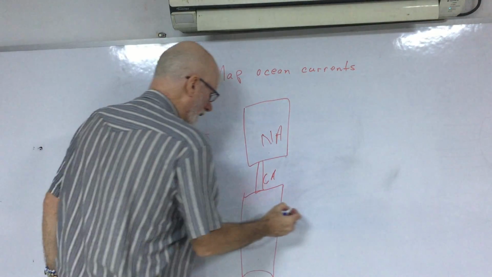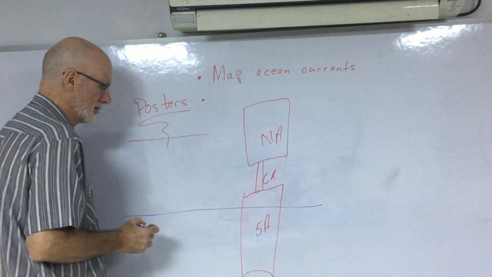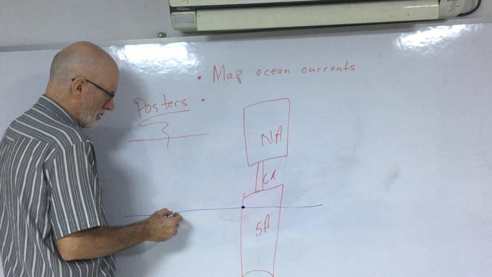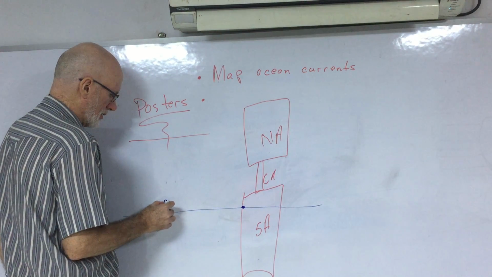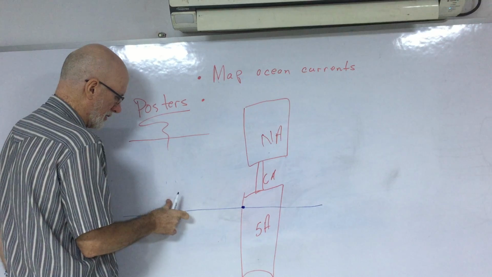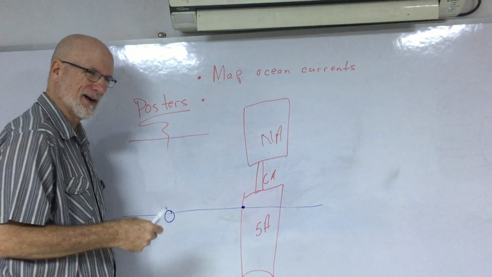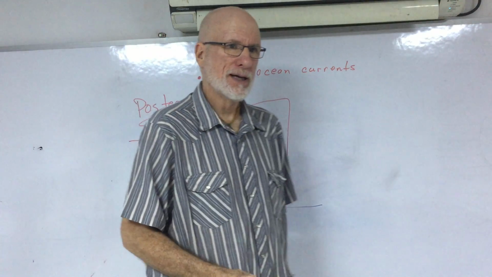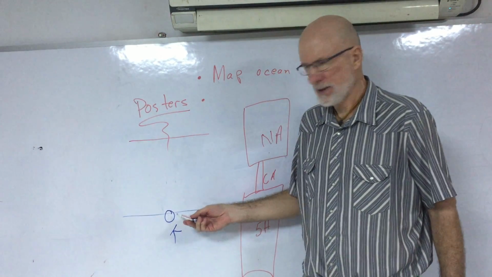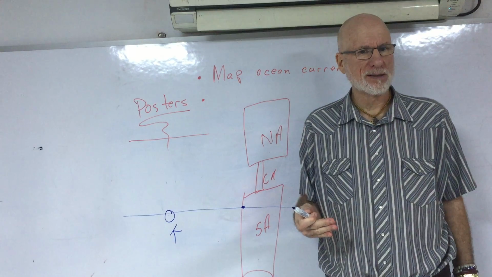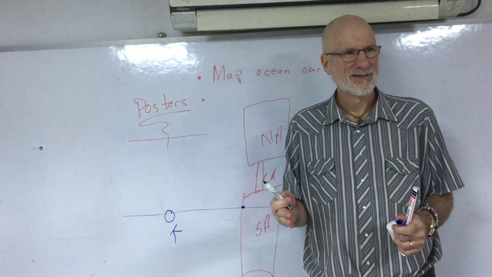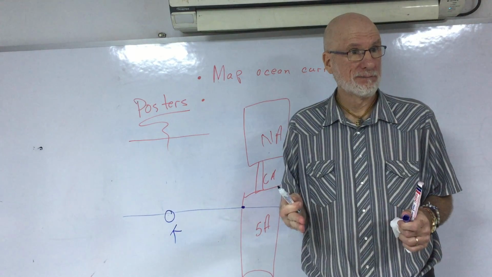Here's a place, the equator runs like this through Ecuador. Here's a place right here. I think it might be actually here. It's around there. It's called Kiribati. It's famous because it's where the date changes. Where does tomorrow begin?